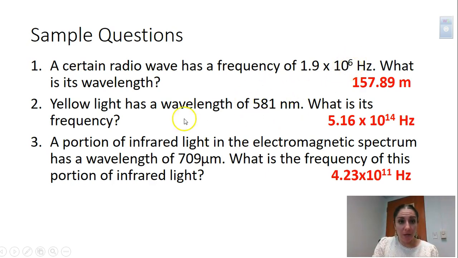So yellow light has a wavelength of 581 nanometers. What is its frequency? I'll just do this one so quickly, just to show you, but it's actually pretty straightforward.